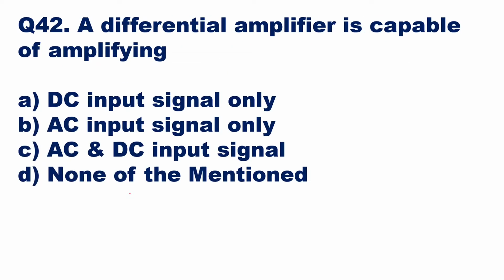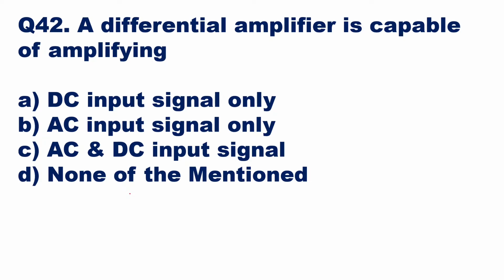A differential amplifier is capable of amplifying. The options are DC input signal only, AC input signal only, AC and DC input signal, none of the mentioned. Now, when we remember the differential amplifier, whatever coupling we use between two stages will be a direct coupling.